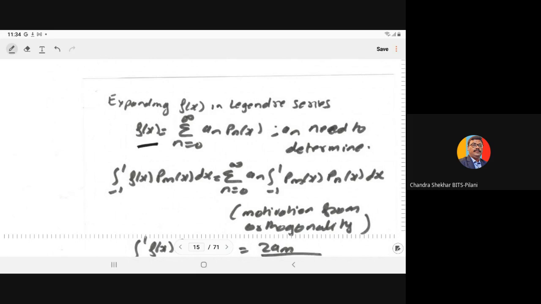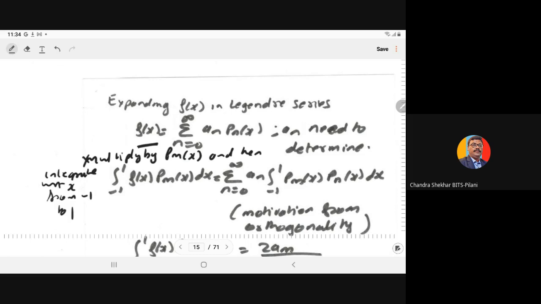On both sides we multiply by pmx, and then integrate with respect to x from -1 to 1.